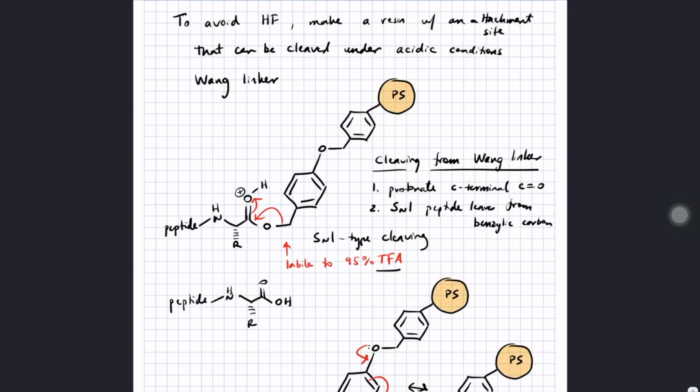Now, TFA is still a fairly acidic substance, but it's not nearly as dangerous as HF. And we use it all the time in my lab to cleave peptides from resin.